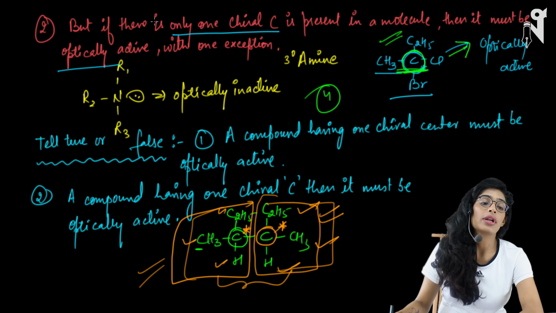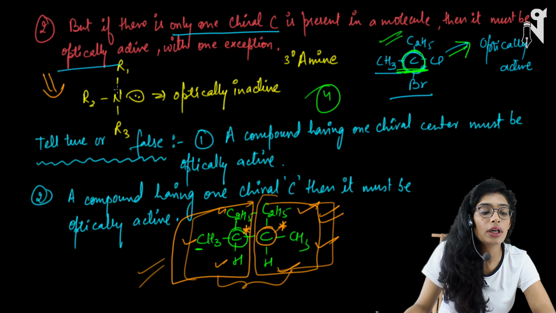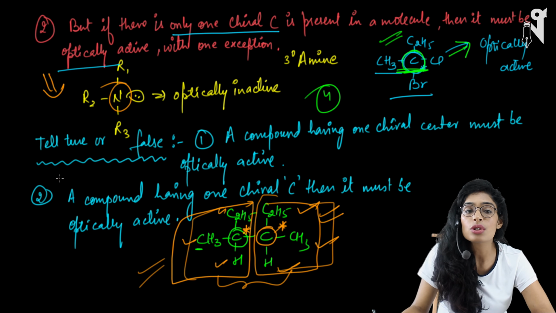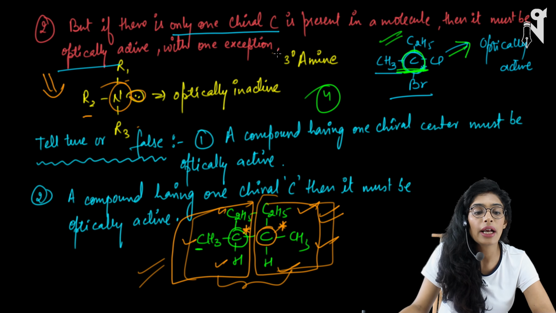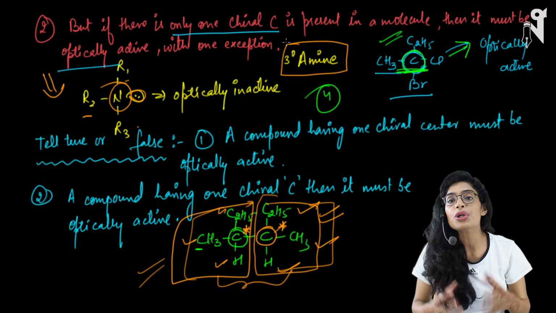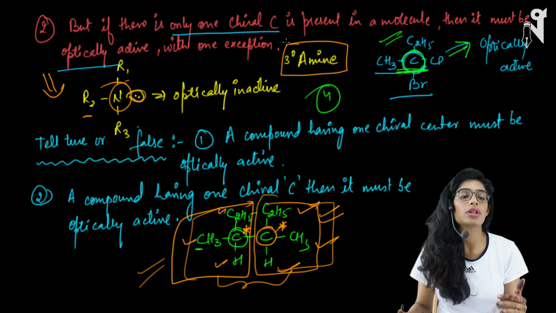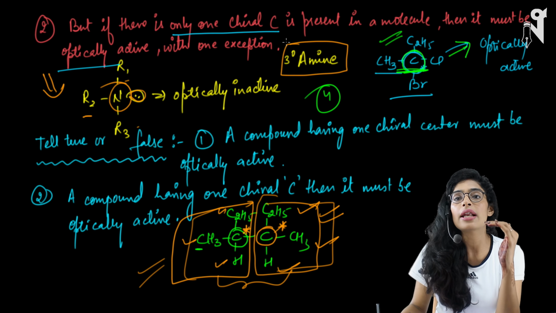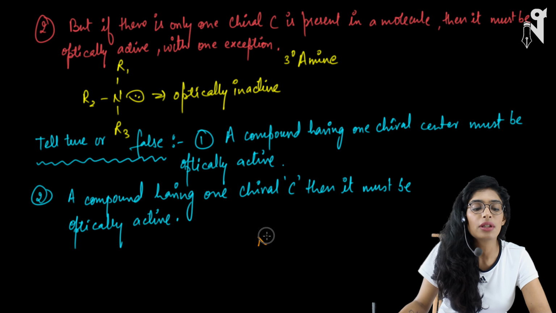Now there is one exception to this rule, and that is when instead of carbon, I have a nitrogen in the molecule and the nitrogen is sp3. Look at this nitrogen, it is sp3 over here, and it is a tertiary amine. If I have a tertiary amine which has 3 different R groups attached, then, as I mentioned, for being a chiral center, what is required? The requirement is that you have an sp3 atom.